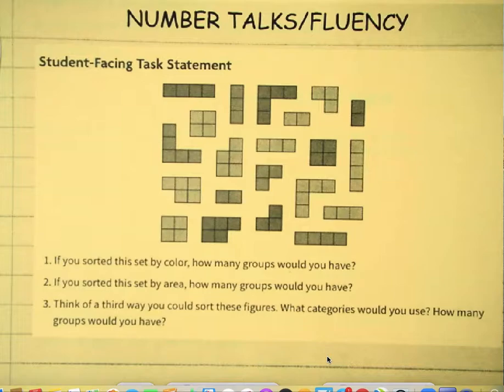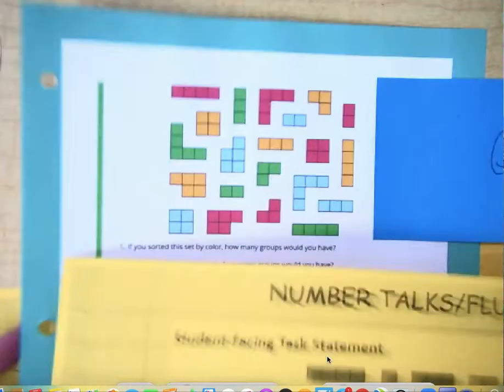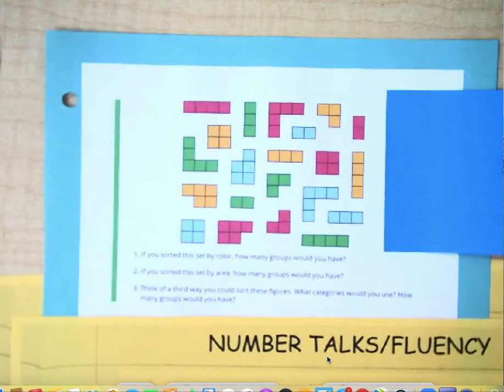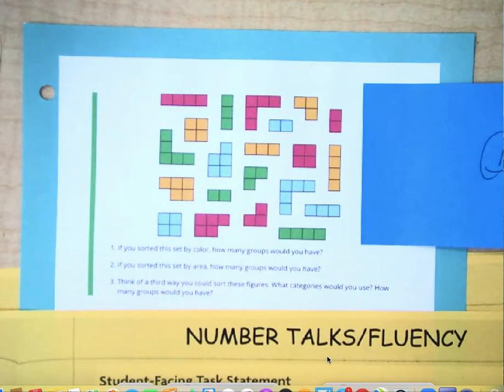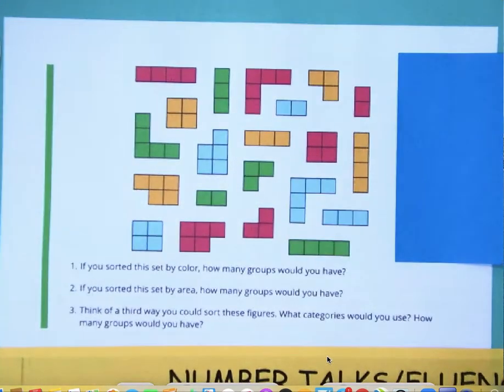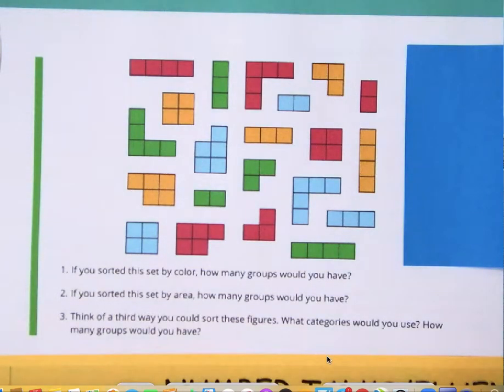Alright, and I've switched up your warm-up a little bit, and actually I'm going to change out a page because you can't tell anything about that one since it's not in color. So let's take a look at this one. If you sorted this set out by color, how many color groups would you have?